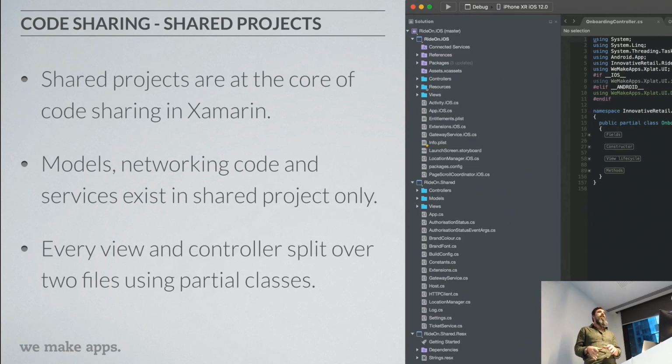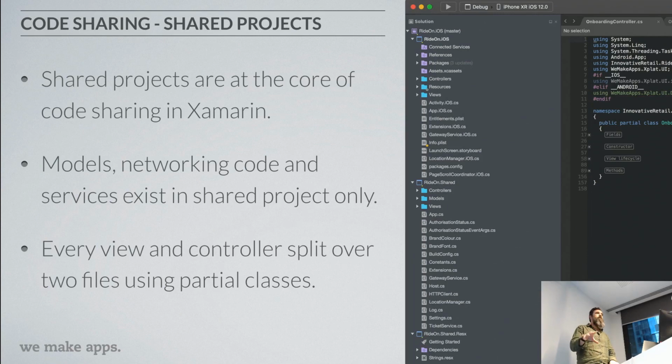So in that shared project, we're able to have all of our models, all of our networking code, all of our non-platform specific stuff that we can define, like colors and fonts, all of our constants, all of that we can just have in one place. And it means we don't have to have that code in our iOS project and our Android project.